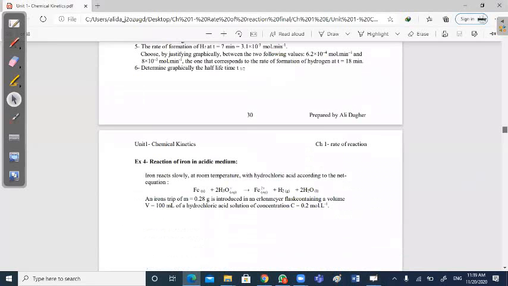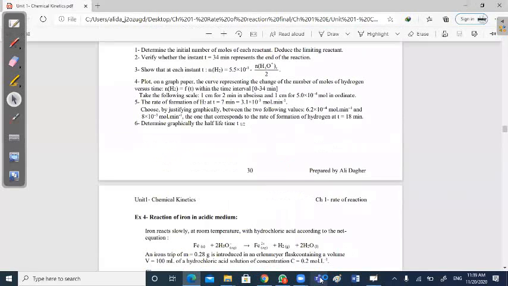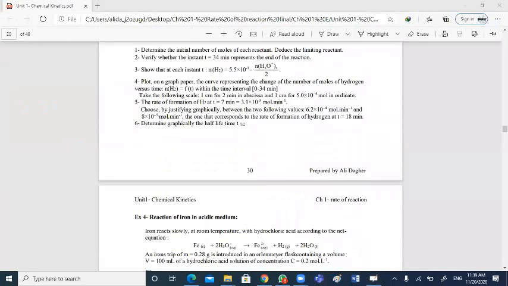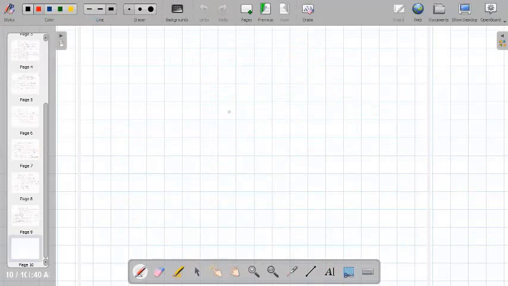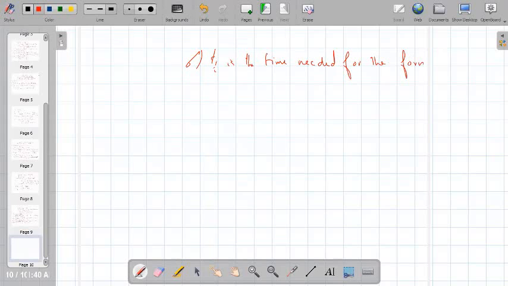This is the last part of the question, and I think we will solve it now. New page. By definition, T half is the time needed for the formation, because the graph is a formation of a product, of half of the number of mole of H2 at infinity.